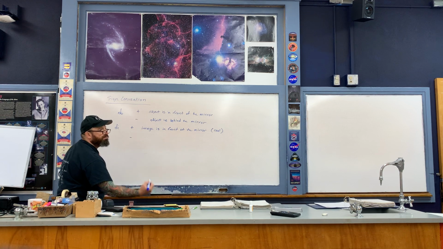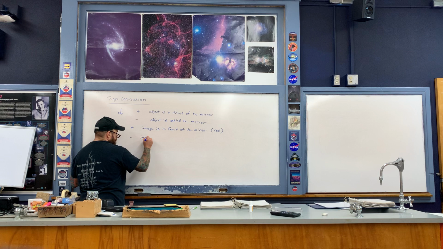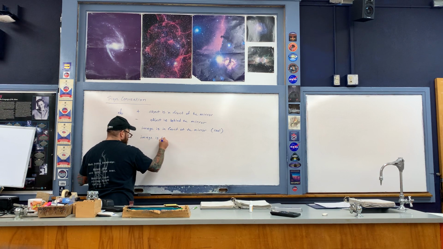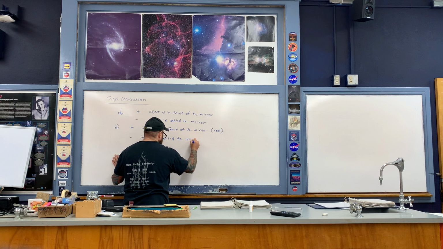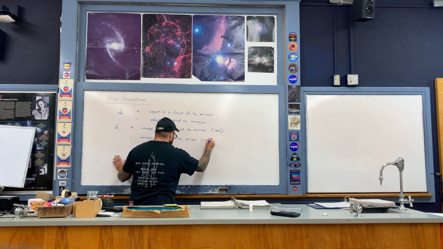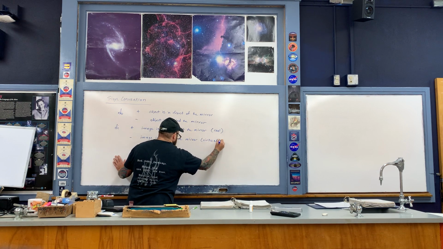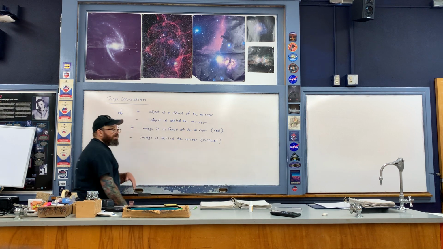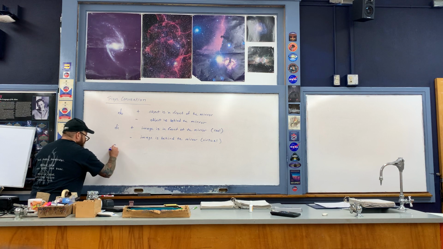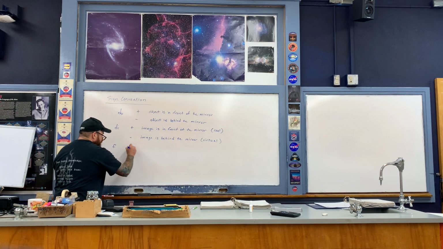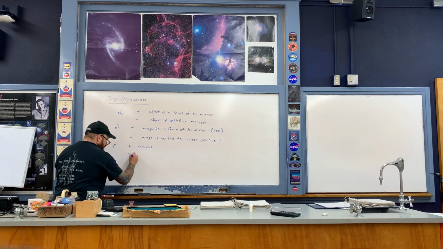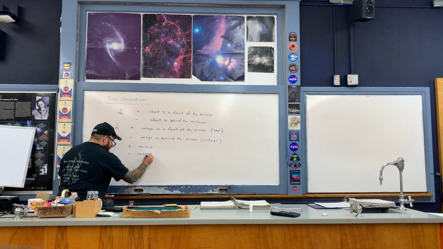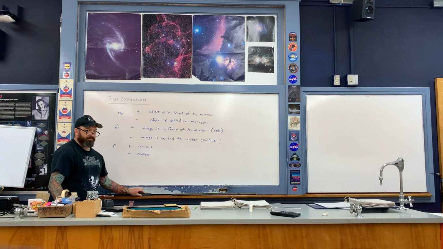It's then therefore virtual. And then lastly is the focal length. The focal length is a positive number if the mirror is concave. It's a negative number if the mirror is convex. We'll see that a little bit later on.